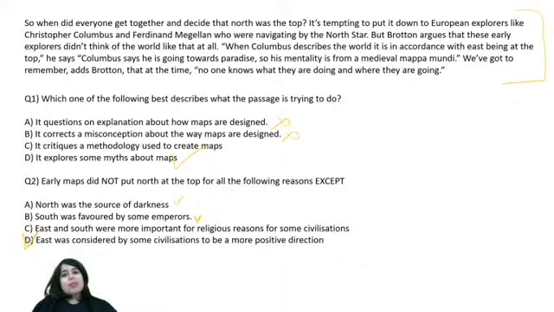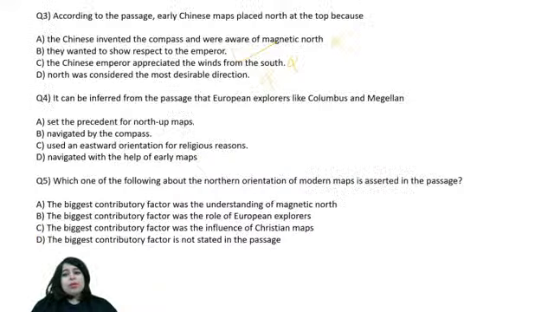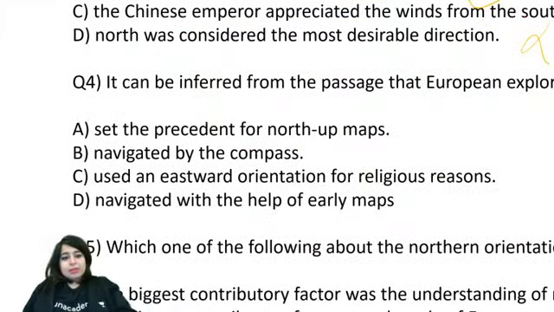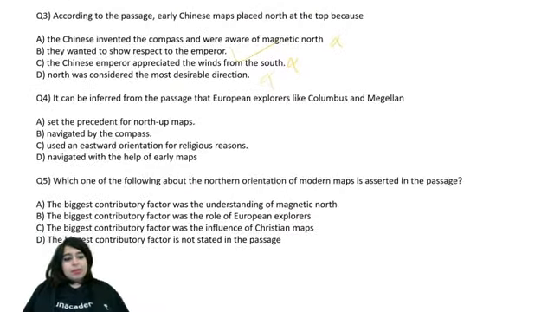When Columbus describes the world in accordance with east being at the top, he's saying he goes towards the paradise. And we've got to remember, no one knows what they are doing. So they set the precedent for north up maps, or they navigated by the compass. They did not navigate by the compass. They used an eastward orientation for religious reasons, yes, because they thought they were going towards the paradise.